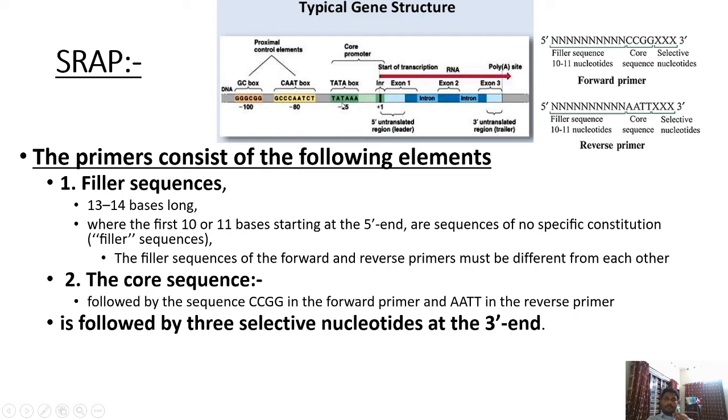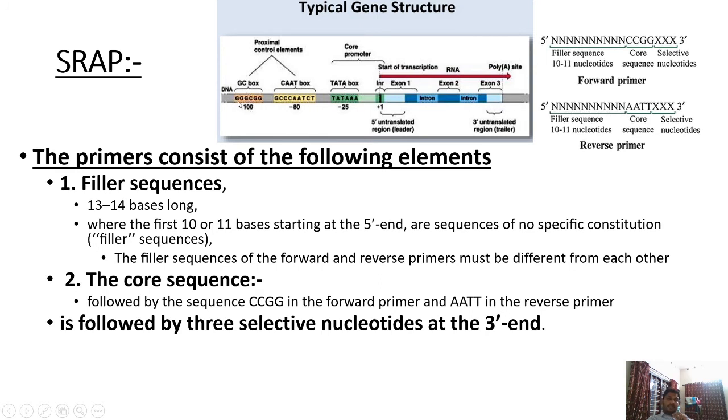Coming back to the promoter region, in the case of eukaryotes, it can be constructed with the GC box, CAT box, or TATA box at various positions. GC box and CAT box regions are known as the proximal control elements, and the TATA box and the region up to the initiation codon is known as the core promoter region.